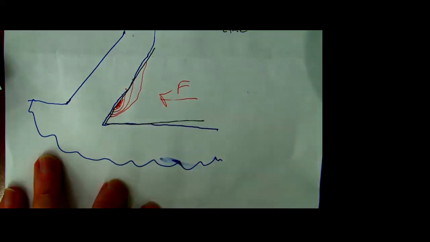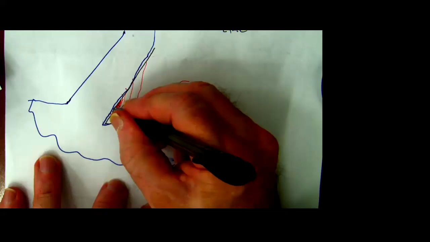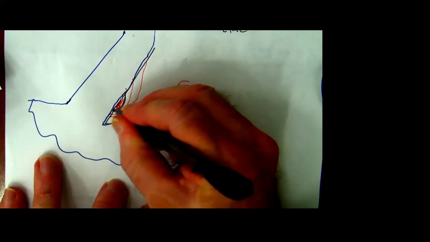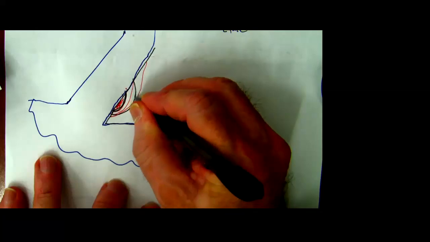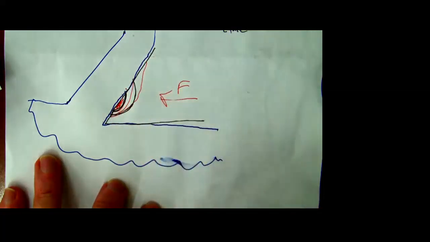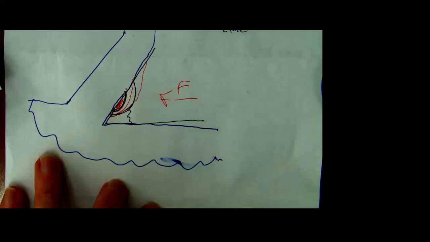Eventually my tool, instead of having that surface, maybe has that surface, and then maybe it wears some more and I have that surface. And now I'm in trouble because my tool will break off due to the crater. So I have to avoid crater wear because it can lead to breakage.